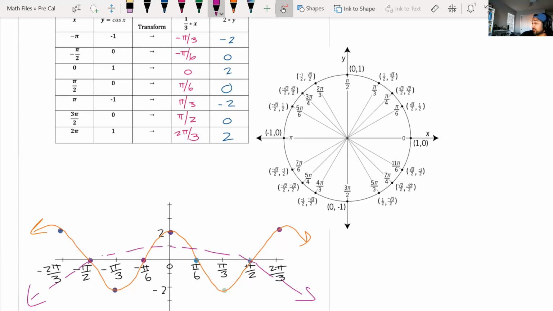That's what the original cosine function would look like on this horizontally compressed graph. Crazy, right? Maybe it's just easier to go back. There we go. Okay. So those are transformations. Any questions on those? No. Okay.